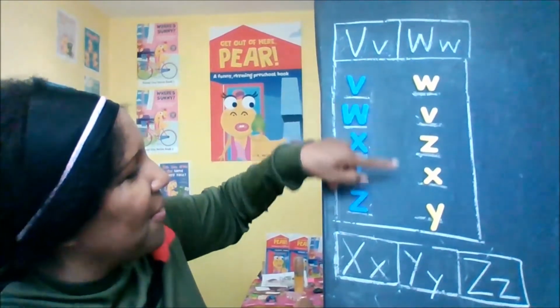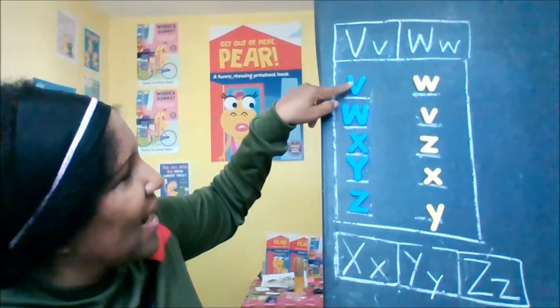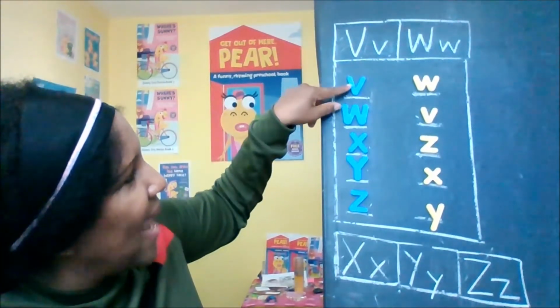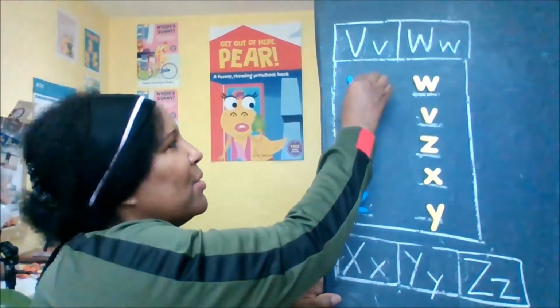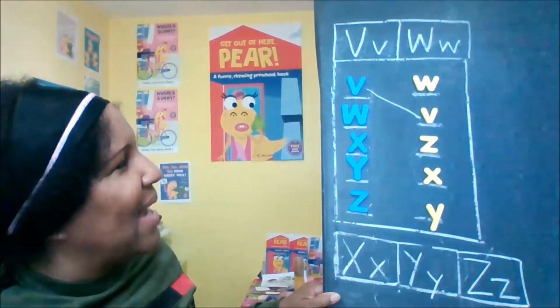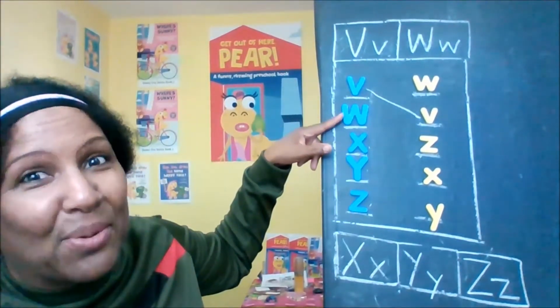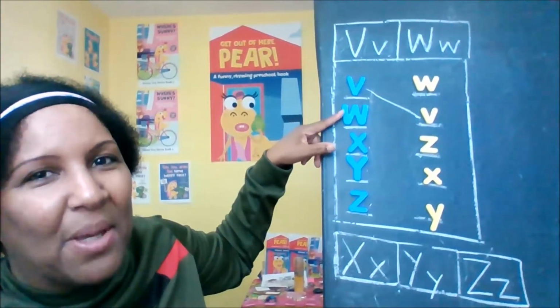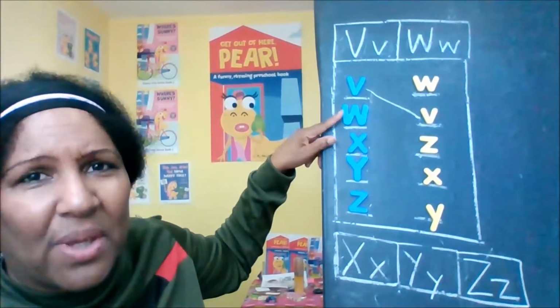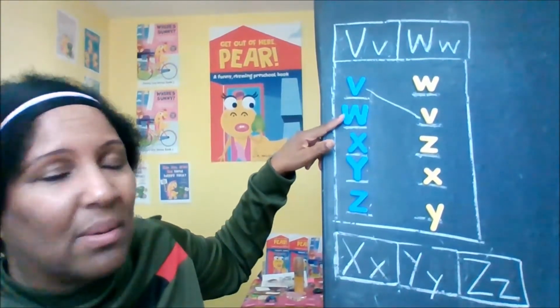V. Where's the other V? That looks just like this. The yellow V. This is capital V, small v. Hey, I got it. This is W. Did you get it? This is W, capital W. Where is small w? The yellow one.